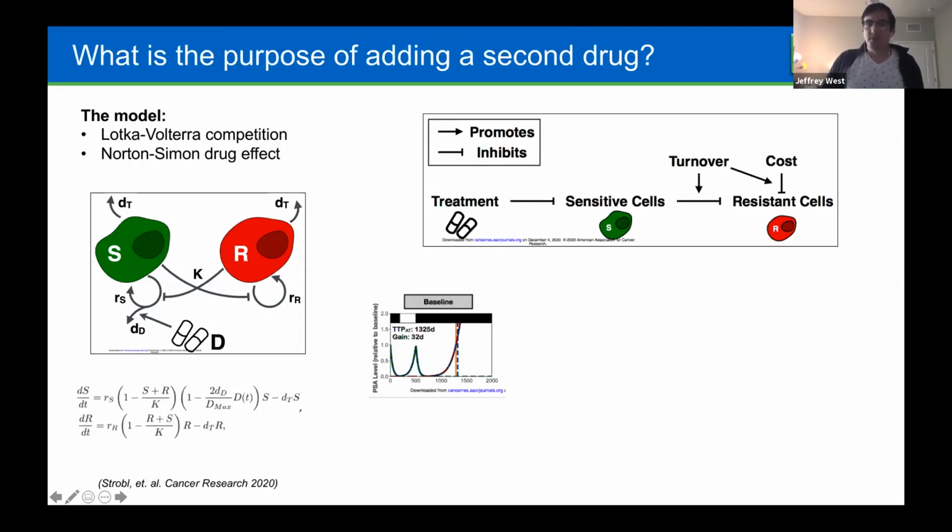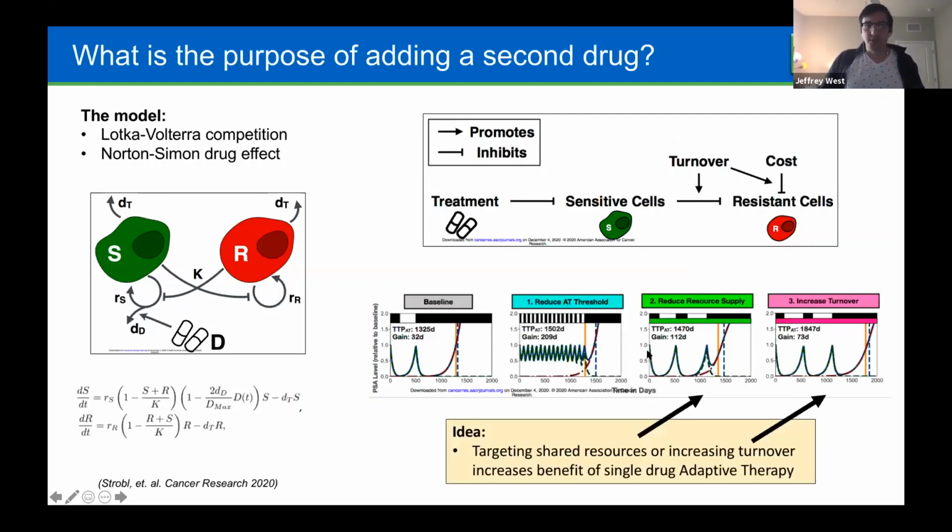Basically, we found that turnover helps aid the competition between sensitive and resistant cells. And as such, there's a couple different strategies we could implement by adding a second drug to increase the benefit of the adaptively administered first drug.